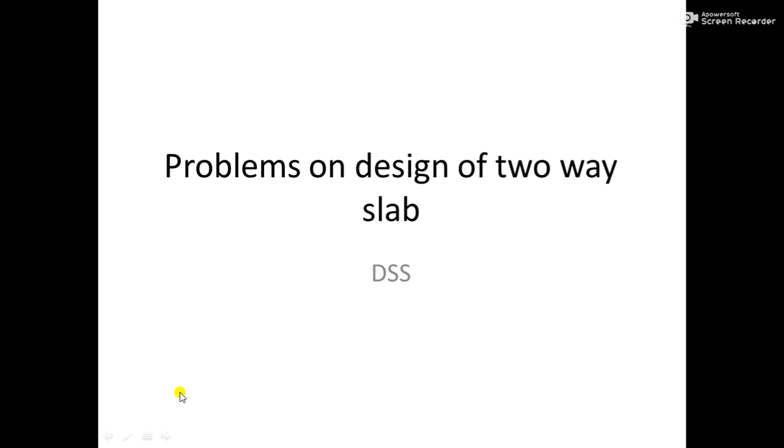The only difference for design of two-way slab is that we are going to calculate the moments along both the directions, that is x and y direction, and we have to calculate the steel area along x direction and along y direction using the same formulas which are adopted in one-way or cantilever slab.